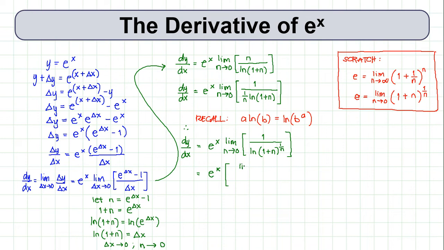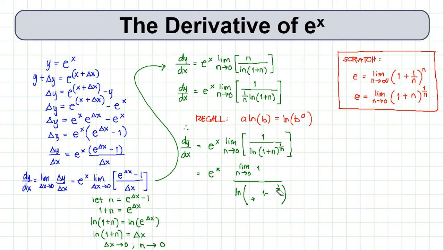So, limit as n approaches 0 ng 1, okay, divided by ln, okay, ln times the limit as n approaches 0 ng 1 plus n raised to the 1 over n. Oops! Anong napansin natin?